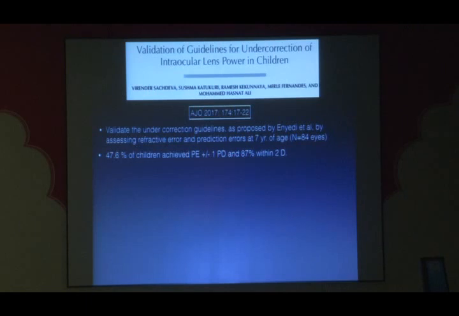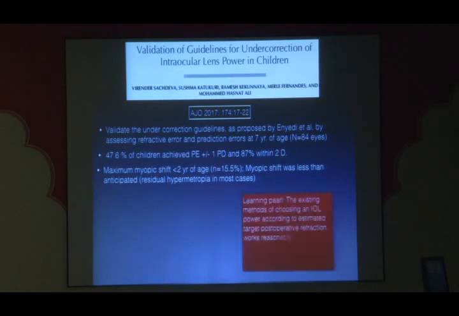Although again, we have some prediction errors, those were mainly less than 2 diopters. And the maximum myopic shift was probably in the less than 2 years age group, but it was less than anticipated. That means you are actually landing up with a little more hyperopia than what you anticipate, which again is amblyogenic. So I think this is a long-term thing we probably need to take care of.